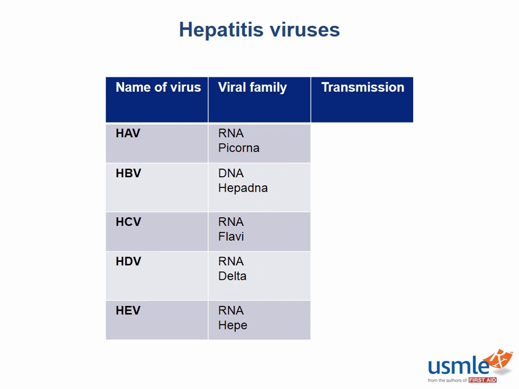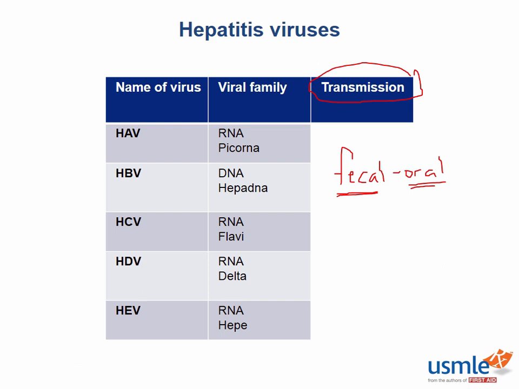Another important fact about each of these hepatitis viruses that you need to know for your Step 1 exam is how they are transmitted. How are these viruses transmitted from human to human? Well, there's 2 main ways. One is by the fecal oral route, which means a virus is transmitted from human feces into the mouth or into the gastrointestinal tract of another human being.